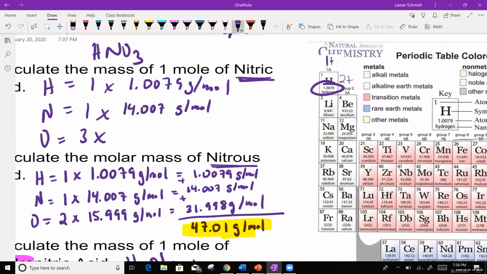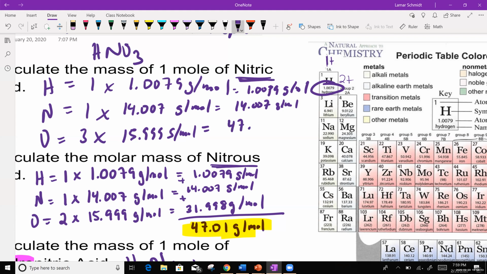And then oxygen is 15.999 grams per mole. So you multiply these out, and you get 1.0079 grams per mole. And you'll get 14.007 grams per mole. And you'll get 47.997 grams per mole. So we add all those up.